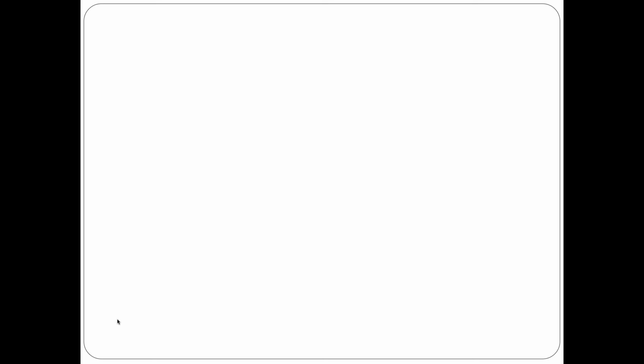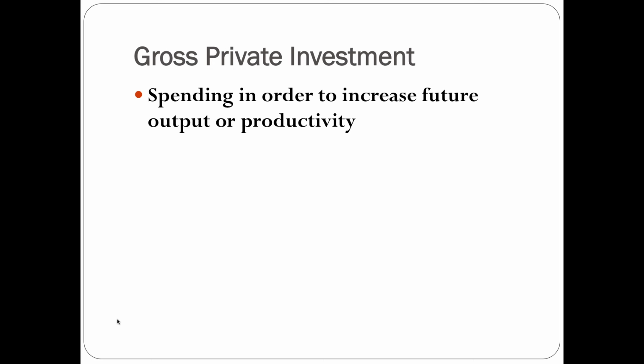All right, let's go on to IG, and IG is gross private investment. Gross private investment is spending in order to increase future output or productivity. So it is spending for something in the future. If you're spending for something right now, that is going to be consumption.